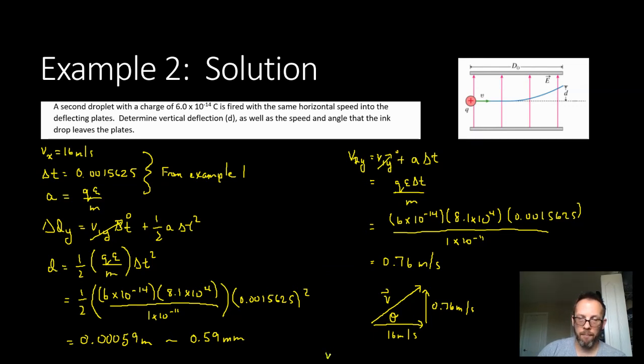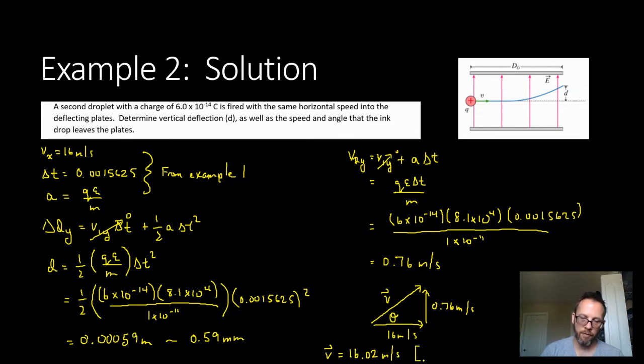I'm running out of space, so I'll leave the details to you guys. But Pythagorean theorem, 16 squared plus 0.76 squared, and then rooting that, should be pretty close to 16. Yeah, it's essentially 16, a tiny bit faster. The sig figs are the same. It's like 16.02 meters per second.